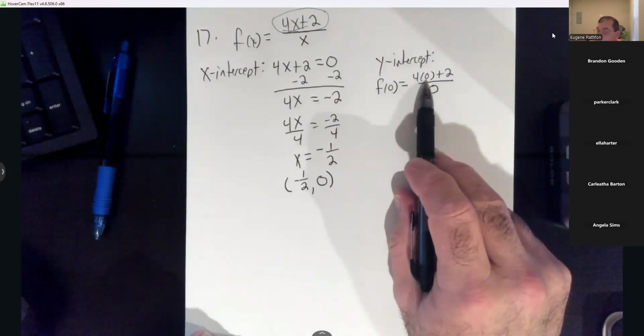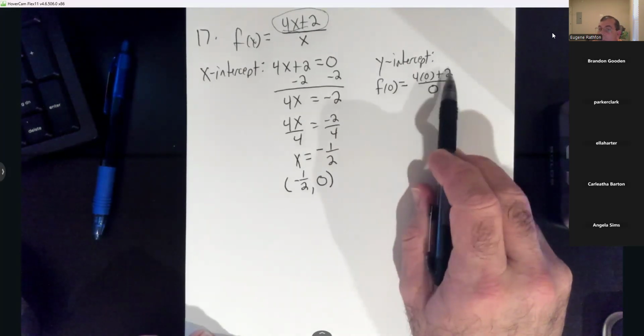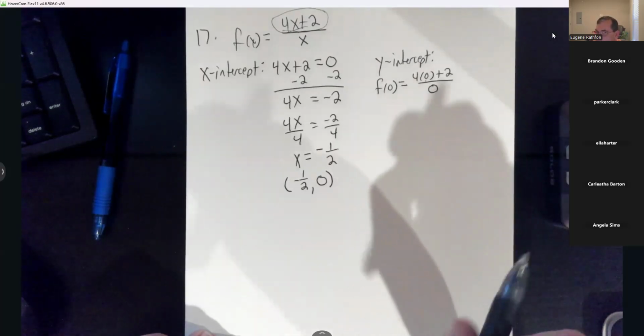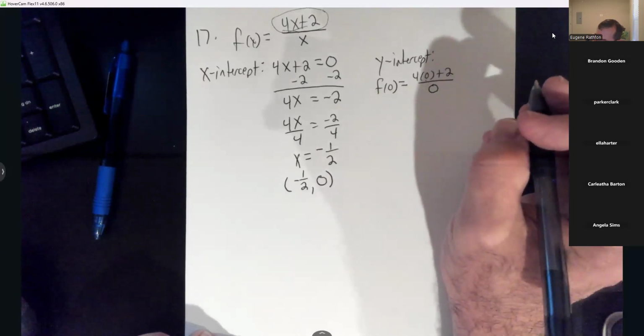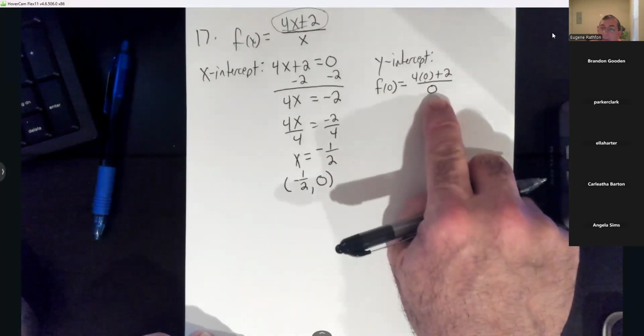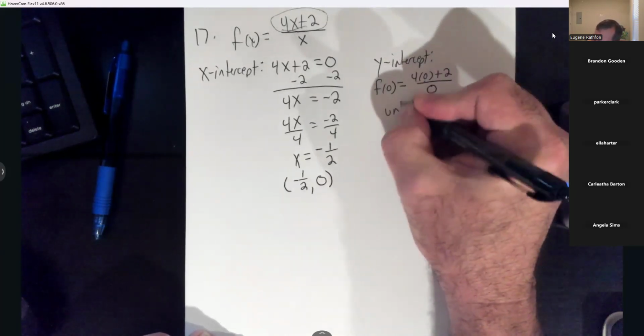I mean, you can do the top. 4 times 0 is 0. 0 plus 2 is 2. But that's going to give you 2 over 0. What's happening there? Can't do that, right? No, you can't do that because anything divided by 0 is undefined.